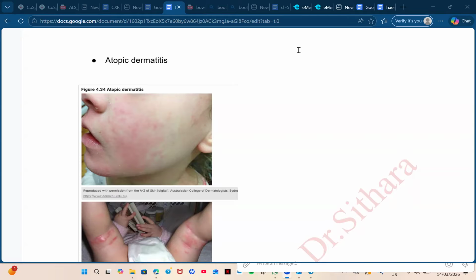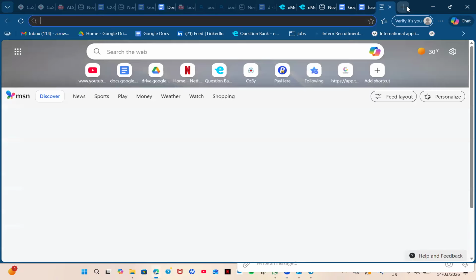Okay, and here you have to know about the treatment, right? So, what do you know about treatment, doctors? What do you know about treatment? I'll show those from the e-medicine. Then you will understand. First, directly, are we going with corticosteroid, doctors?